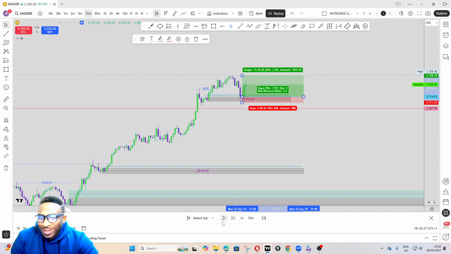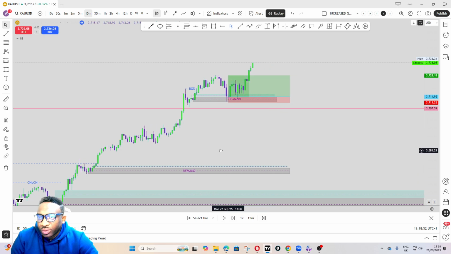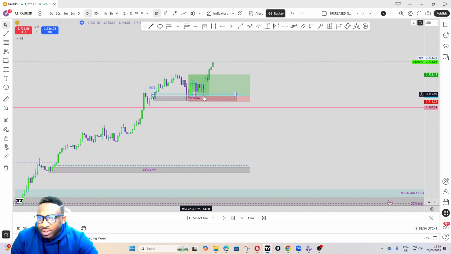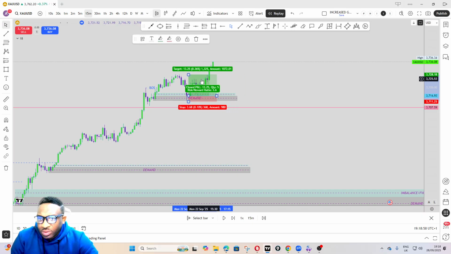Okay, let's see what happens in this trade. We had a revisit to the zone. Okay, that is done. The target is taken out right there.